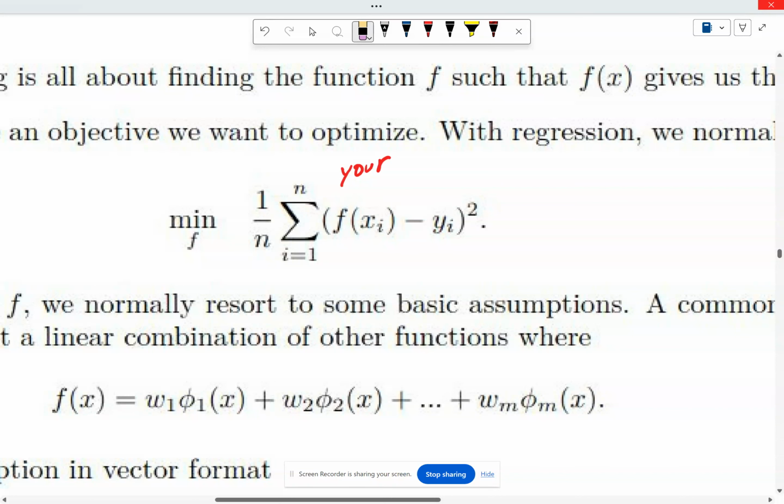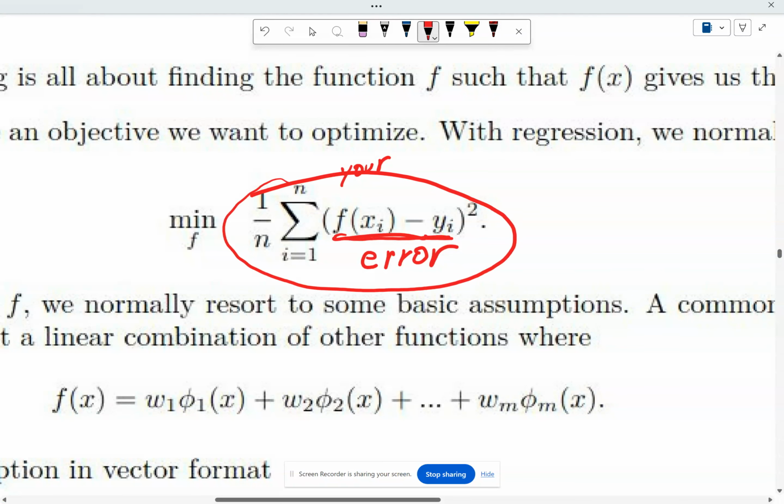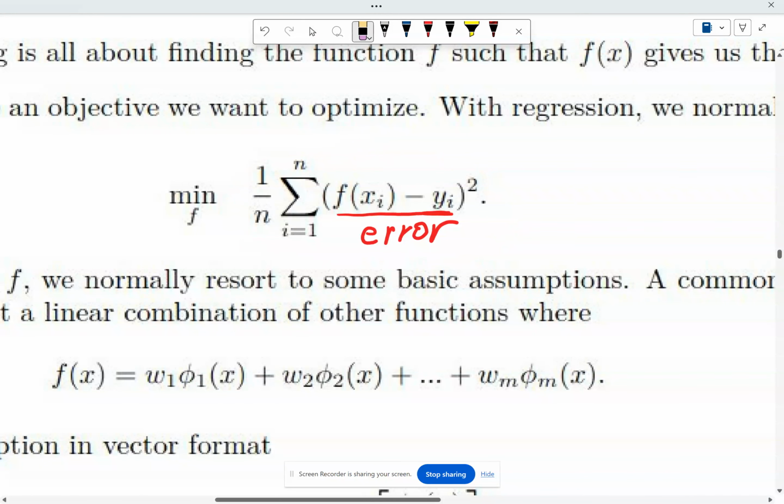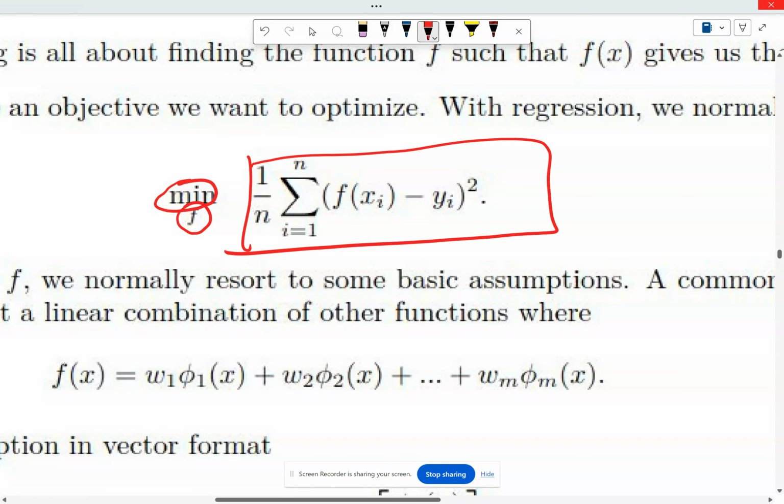The difference between your prediction and the true result is the prediction error. When you add up all the errors and divide by n, the number of samples, this is the average error. So you want to find a function that minimizes your average error.